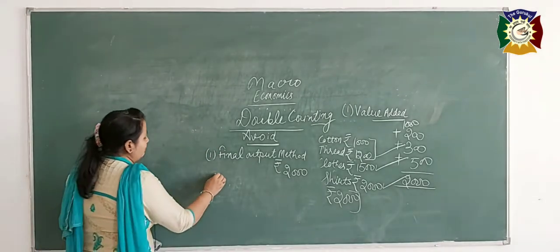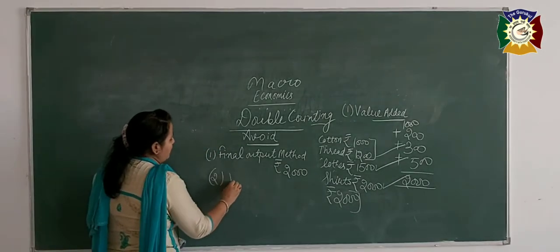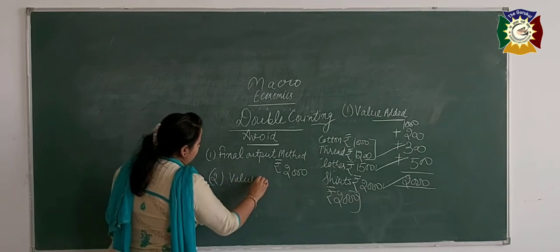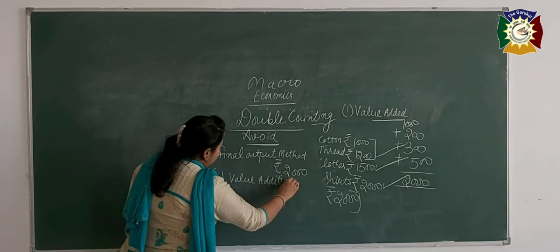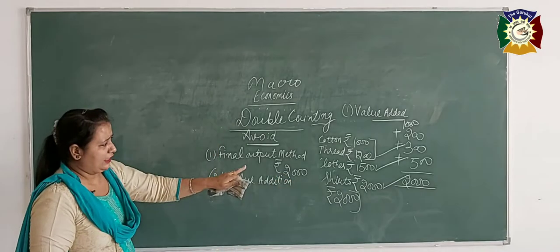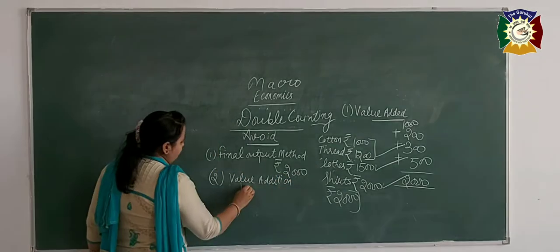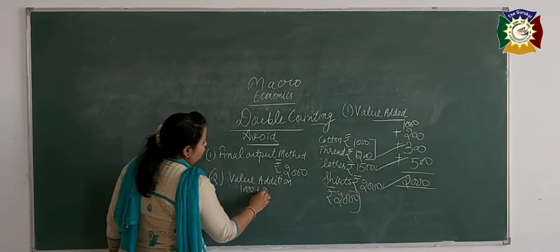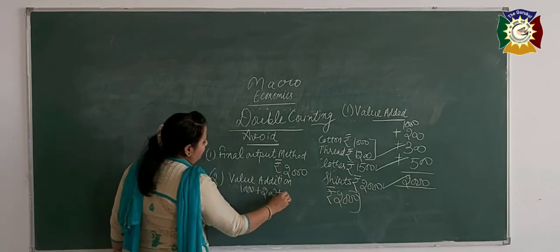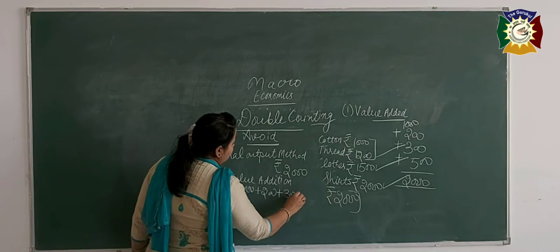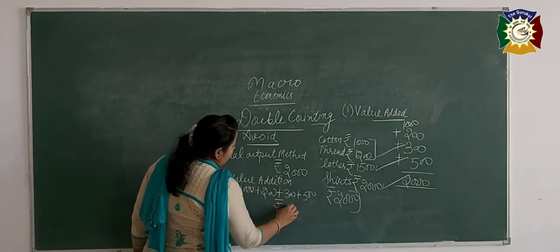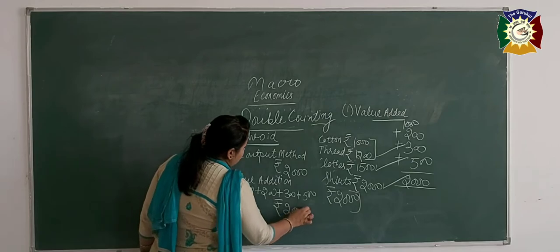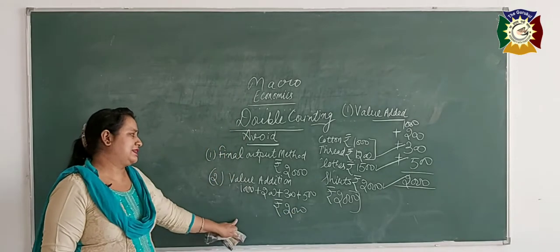And second, what will you do? You will take the value addition method. Value addition means the value you added, that you will take. So first value 1000, second value 200, third value 300, then 500, that is 2000 rupees. The answer will be the same.